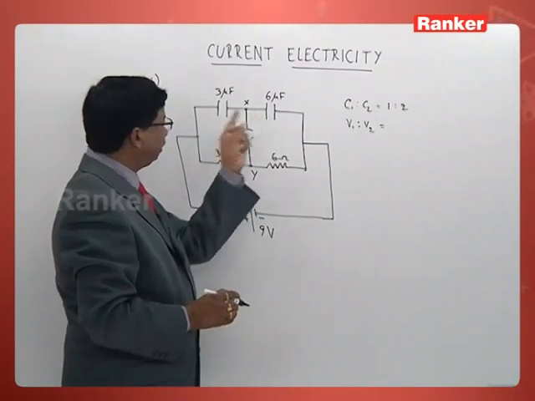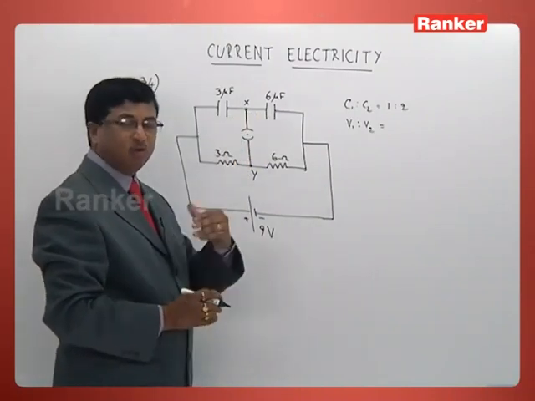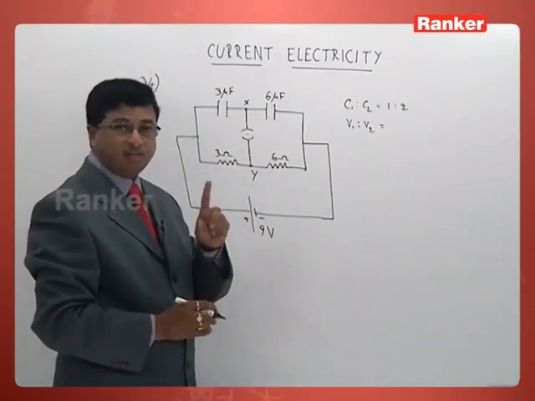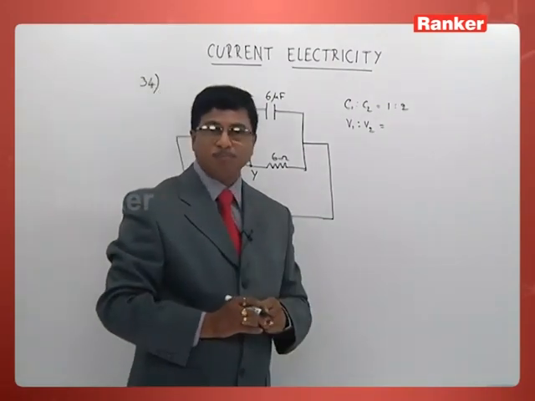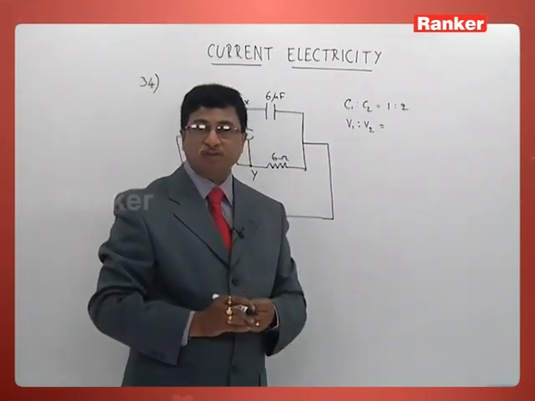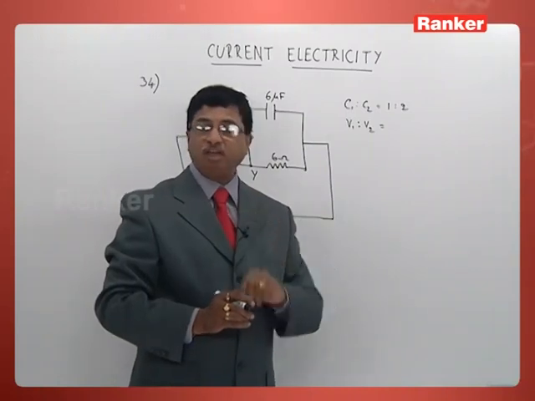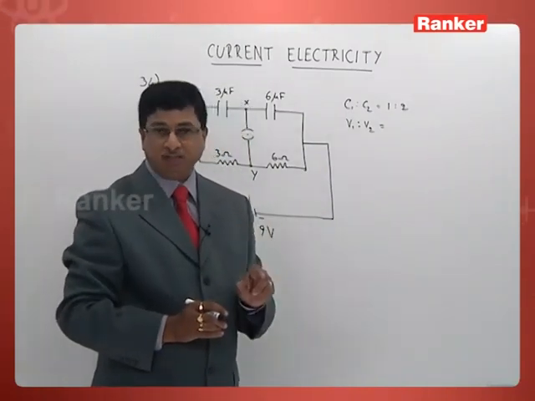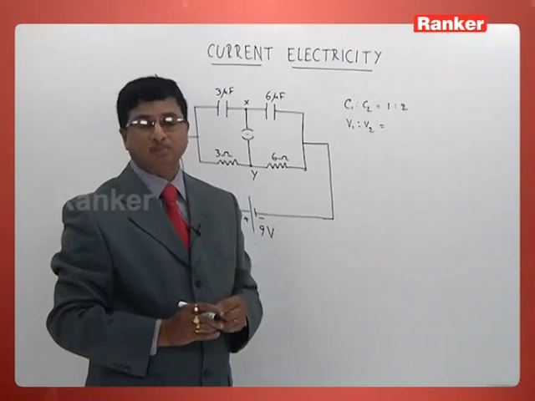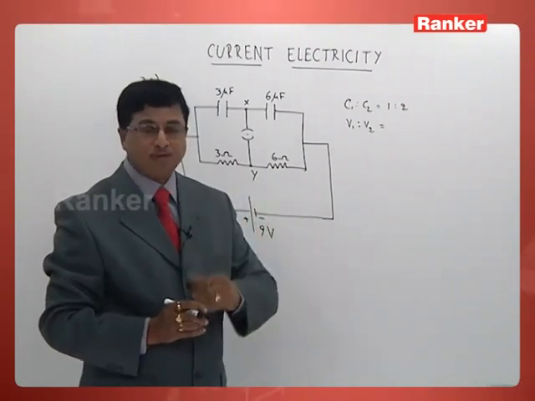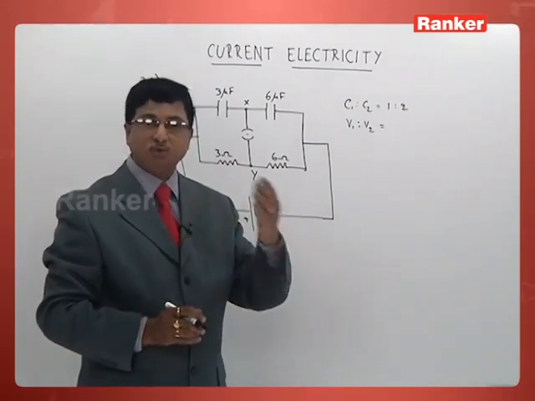Since both are connected in series, we know that the charge remains constant on them. When charge remains constant, C and V are supposed to vary inversely with one another. C is inversely proportional to V, or vice versa.